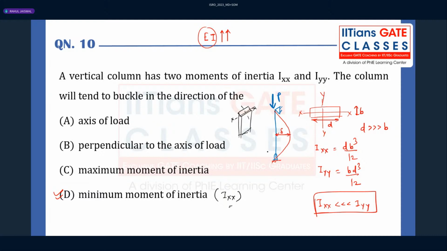Within the plane, it will happen. So definitely you can see here, buckling should happen about Ixx, right? In the plane of the cross section, in the plane of the diagram we have drawn.